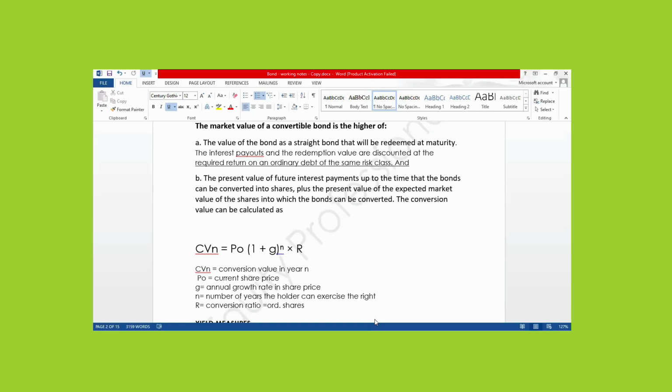The conversion value can be calculated with the formula here.